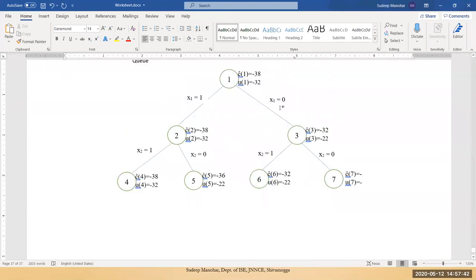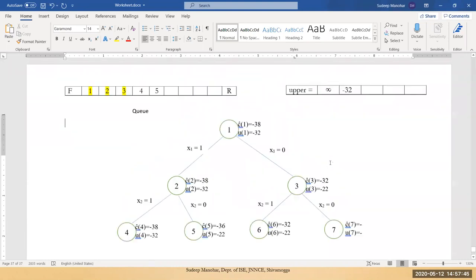Next, node number 7. Don't consider item number 1 as well as item number 2.